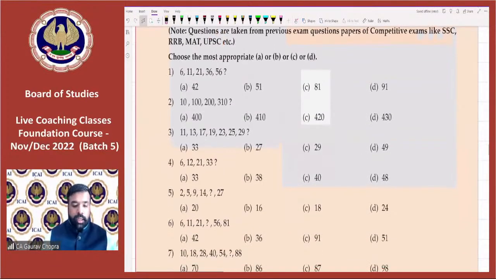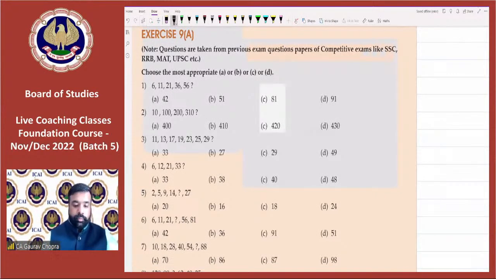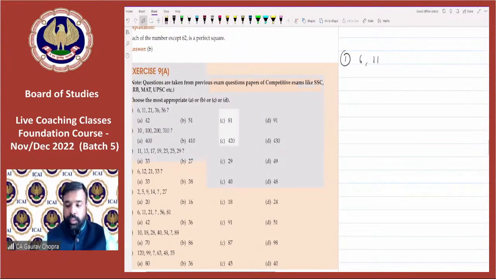Okay, now let us begin the questions from the exercise as well. First one, 6, 11, 21, 36, 56. So what is the logic? What's the logic in the first one? 6, 11, then 21, 36, 56.